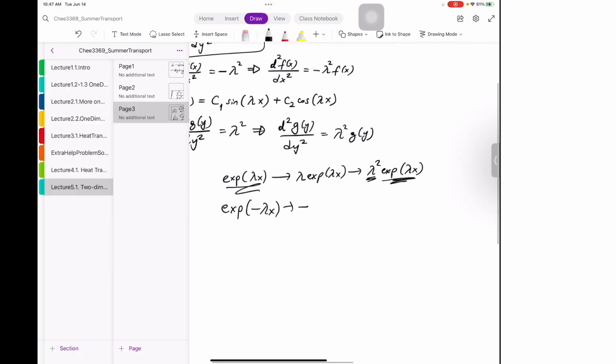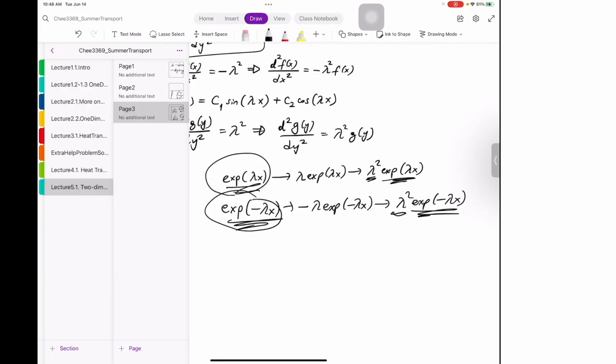The derivative of it is minus lambda exponential minus lambda x, and the second one will be negative lambda times negative lambda, which is positive lambda squared exponential negative lambda x. So again, you get the same function multiplied by a positive constant. So either this or this is a solution, or a linear combination of the two is a solution.